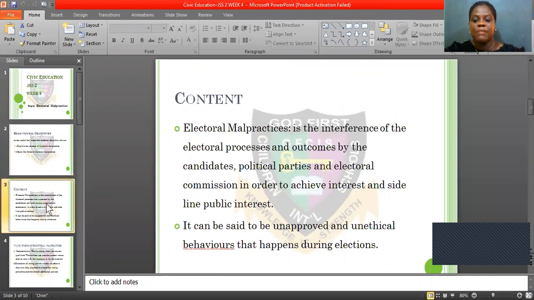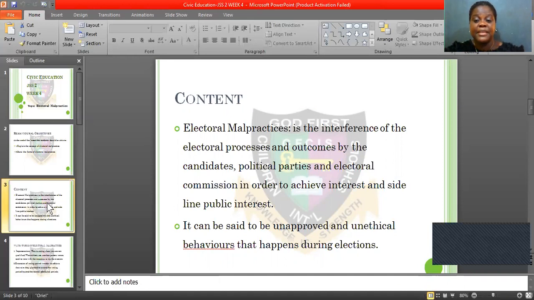Electoral malpractice can be said to be when the normal process of election is altered, is interfered with. Things are being done awkwardly. The political parties, the electorate, the commission, did not follow the interest of achieving a free and fair election.